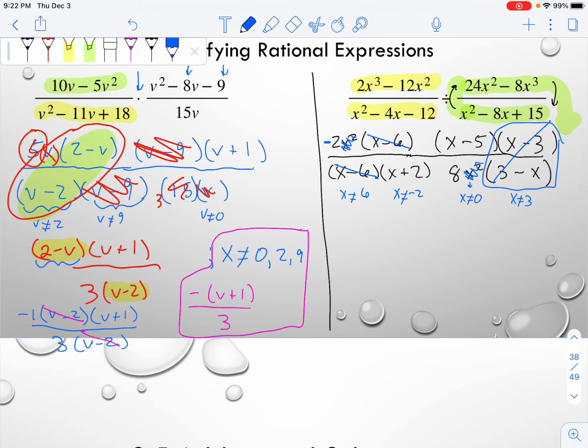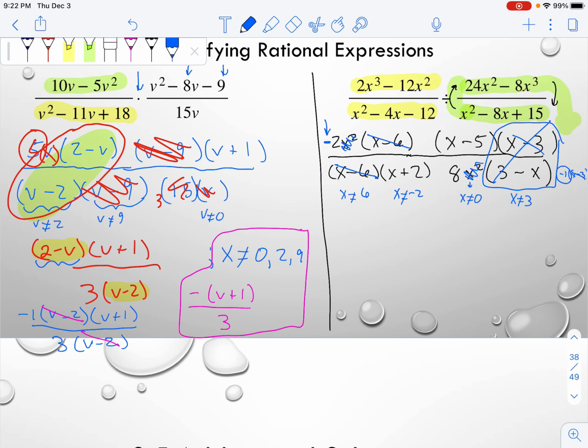Just be cautious with that. And again, I already showed you, we can rewrite either the top or the bottom by pulling a negative out and make it -3 plus x. And then we can see the x minus 3's cancel, and then our -1 is still there. So I just put that up top right there so I wouldn't forget it.